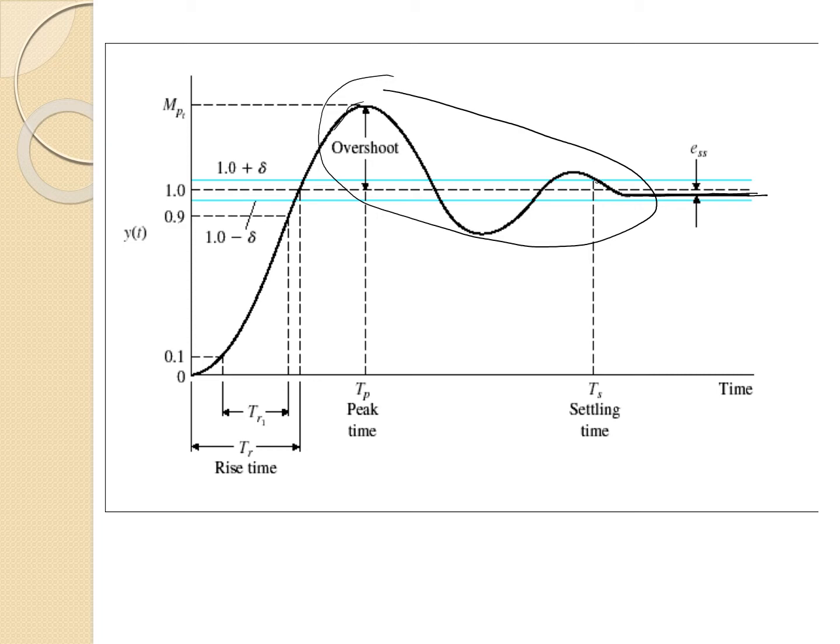The maximum peak here we can take as the overshoot. Basically we can calculate overshoot by taking the value at this peak and subtracting the set point value, so we get the overshoot value.